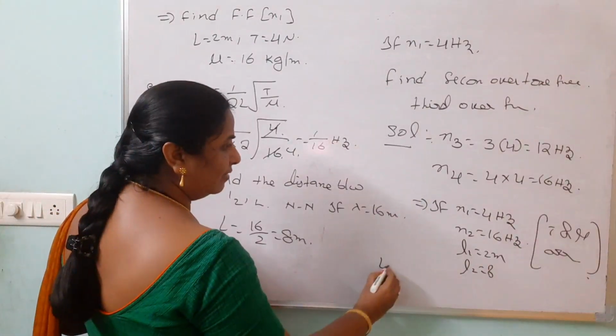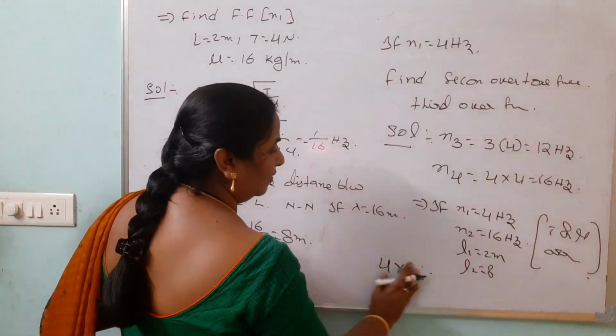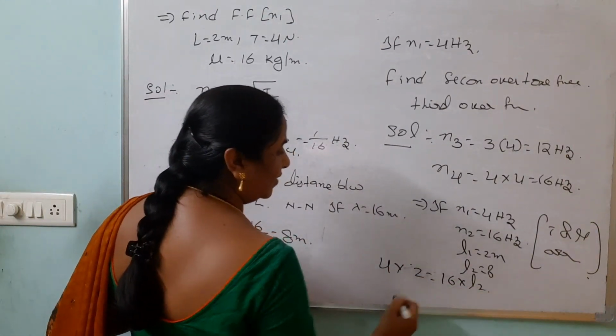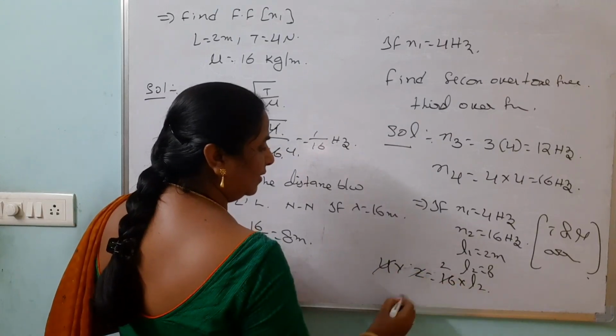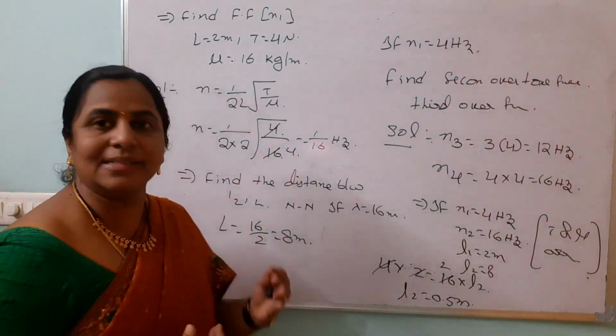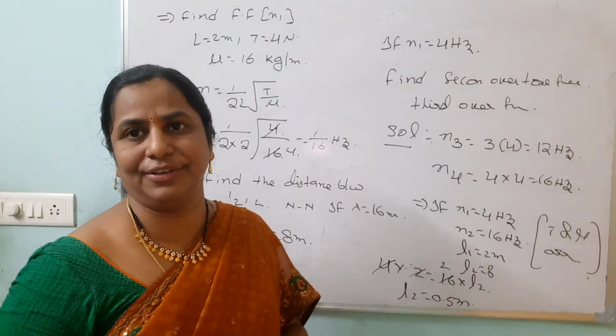So N1 is 4 into L1 is 2, equals N2 is 16 hertz into L2. After simplification, L2 is 1 by 2, that is 0.5 meters. So depending on the given data, with the help of these formulas, we can give the solutions.